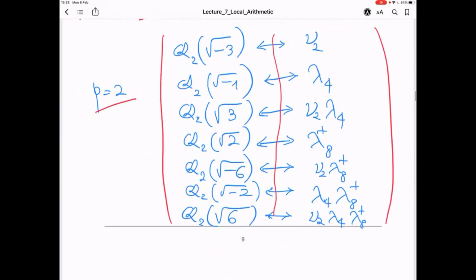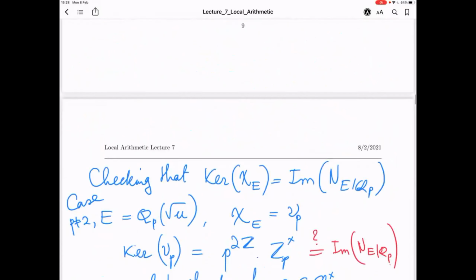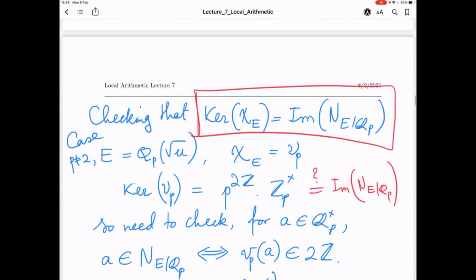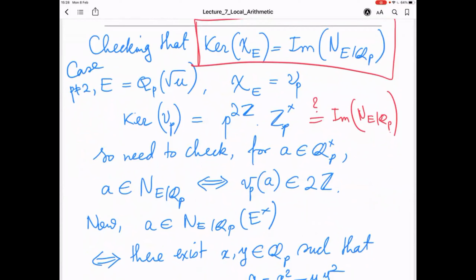So what we need to do now, having given a bijection, is check that this property holds for this bijection. That was supposed to be the property which characterizes this bijection, right? Okay, so let's start checking. You might have to consider different cases.